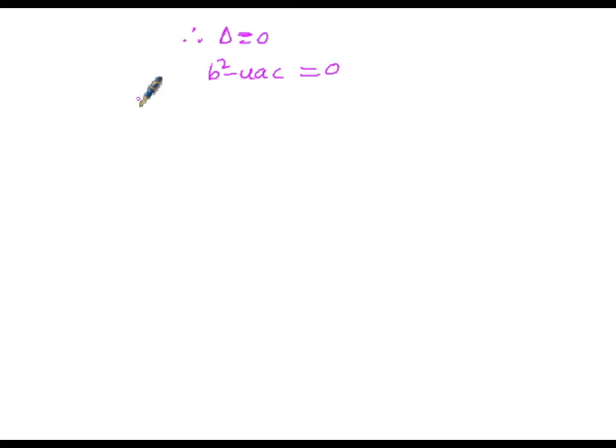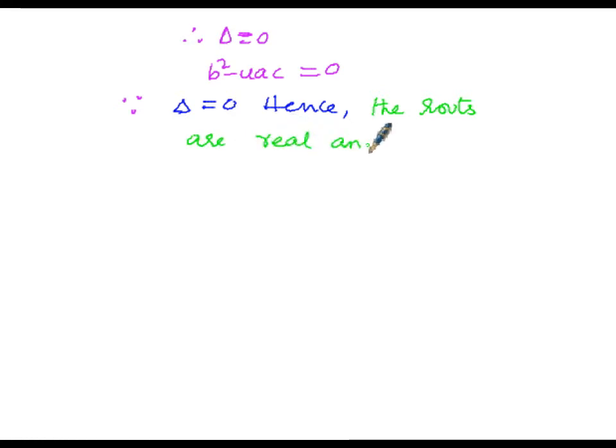Since delta, that is the discriminant, is equal to 0, hence the roots are real and equal. Since the discriminant value is equal to 0, the roots are real and equal.